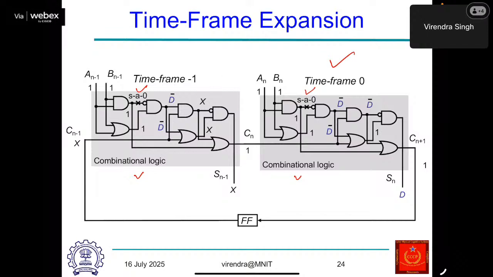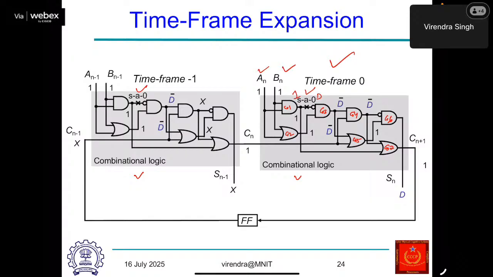Within this copy, we have already discussed that I need to have D over here. So I am expecting at this node the output of this particular gate. Say I call these gates G1, G2, G3, G4, G5, G6, G7. So at the output of gate G1, I want value 1. In order to have value 1, I need to have value 1 1 at AN and BN.